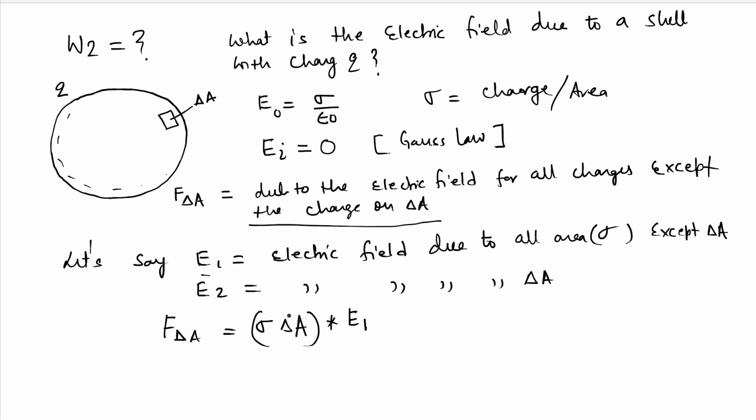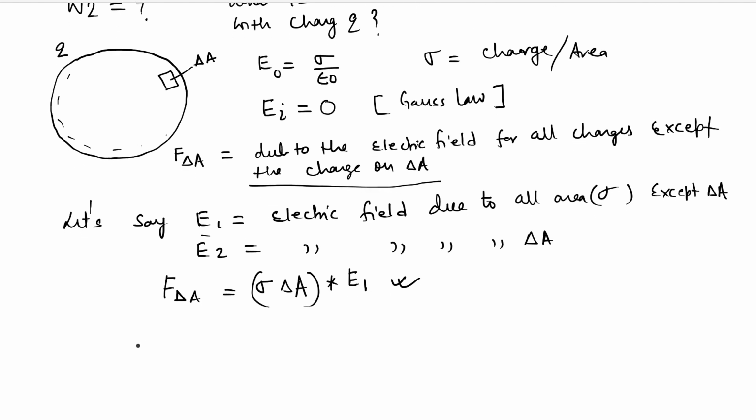So E1, not E1 plus E2, right? Okay, so far so good. Now, what is the electric field inside? That will be E1 minus E2, and that is 0. Therefore, E1 is equal to E2.